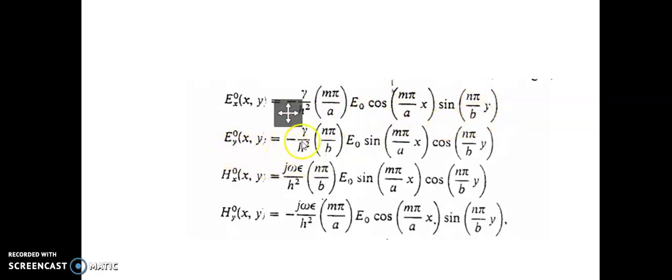Ey0 is equal to minus gamma by h square into n pi by b E0 sin m pi x by a cos n pi y by b.